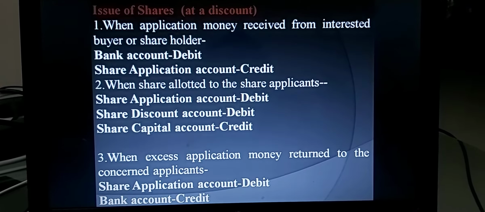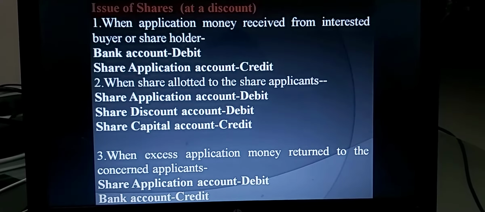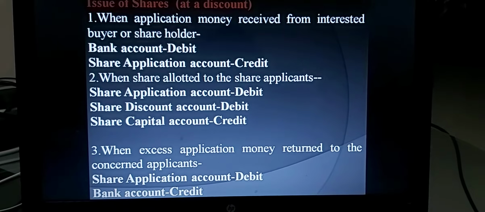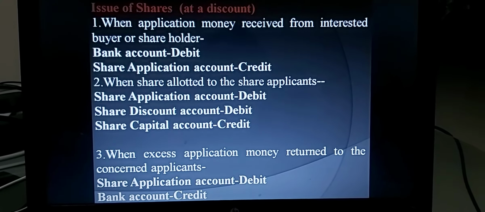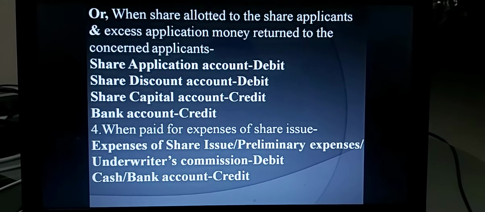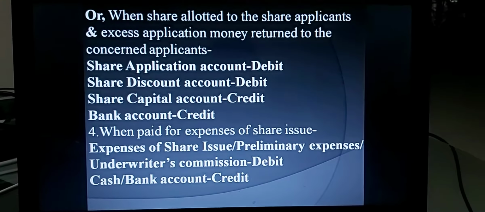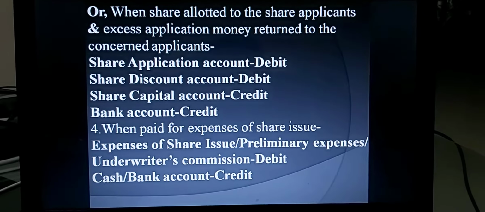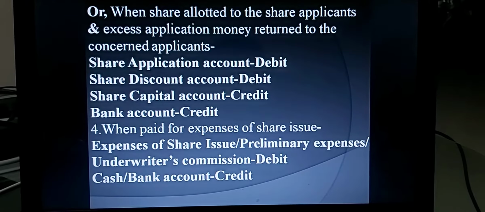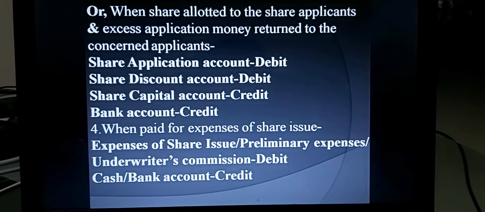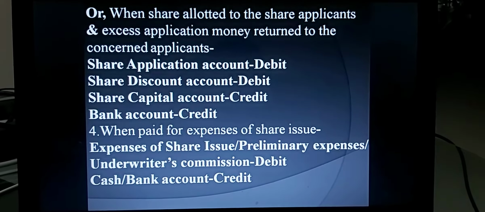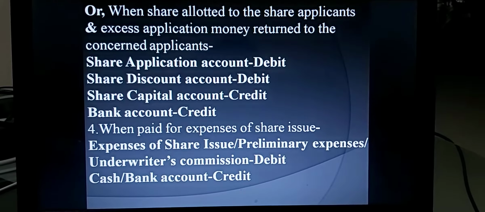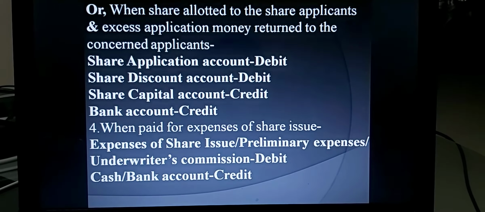Number 3, when excess application money is returned to the concerned applicants, the journal is share application account debit, bank account credit. Or when shares are allotted and excess application money is returned, or number 2 and 3, if you want to give at a time, the journal is share application account debit, share discount account debit, share capital account credit, bank account credit.